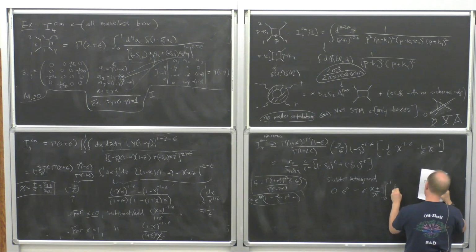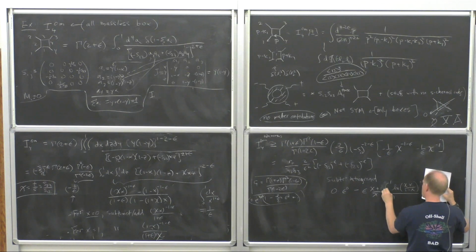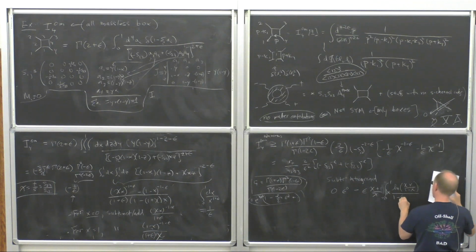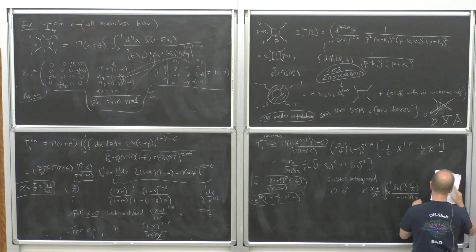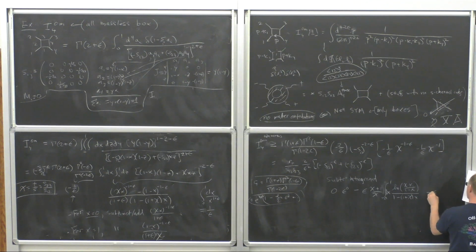And then you get log of something like chi x over 1 minus x over 1 plus chi x. And if you do this integral, you get some epsilon and then a half of log squared chi plus pi squared.